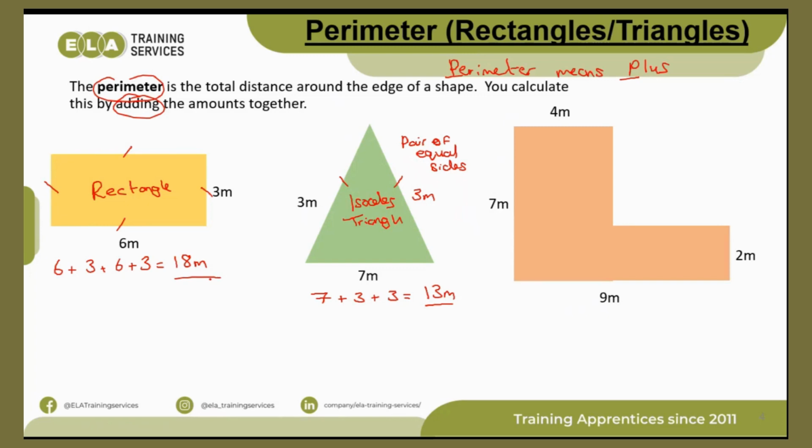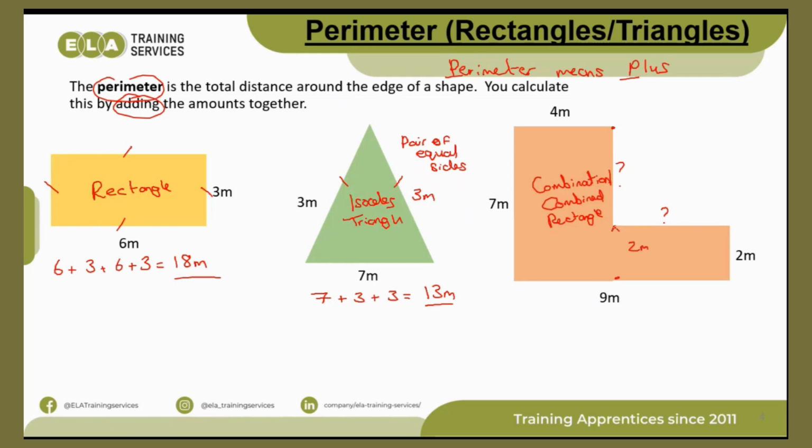And then our last one is what we call a combined rectangle. But here, before we calculate the perimeter, we need to establish what our missing sides are. So we've got a missing side here and a missing side here. Now, from the top to the very bottom is 7 metres, but from here to here is 2.